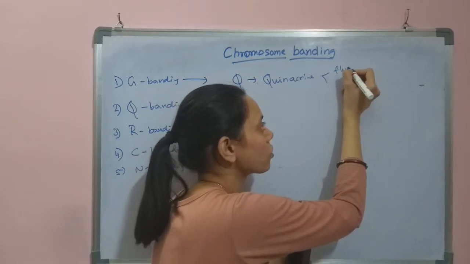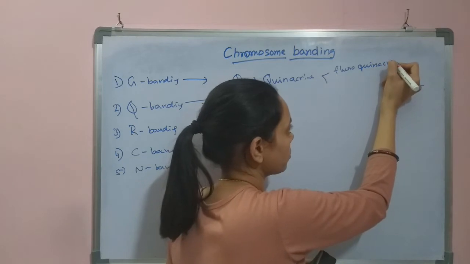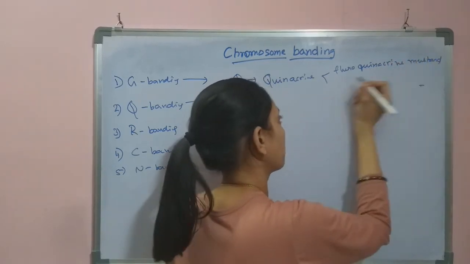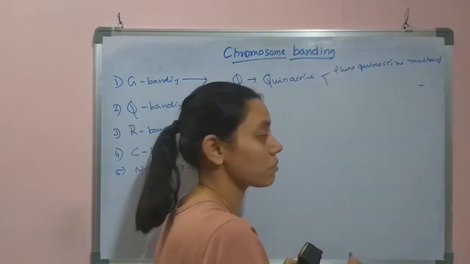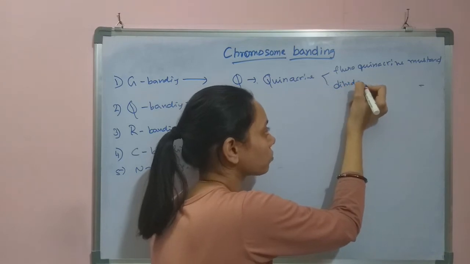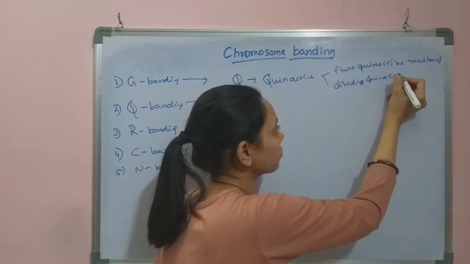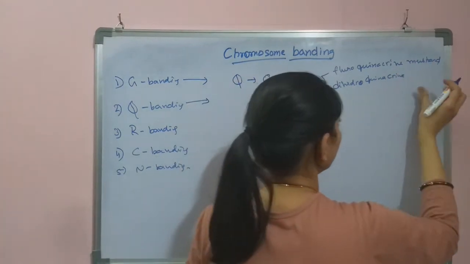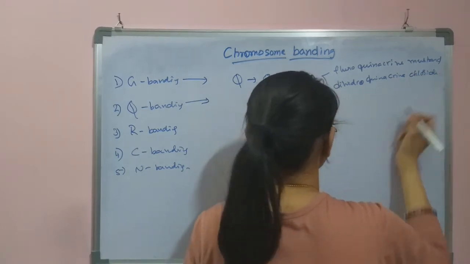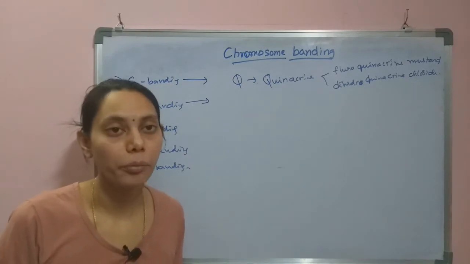Either we can use quinacrine mustard or we can use dihydroquinacrine chloride. So these are the two dyes that are used in Q banding.